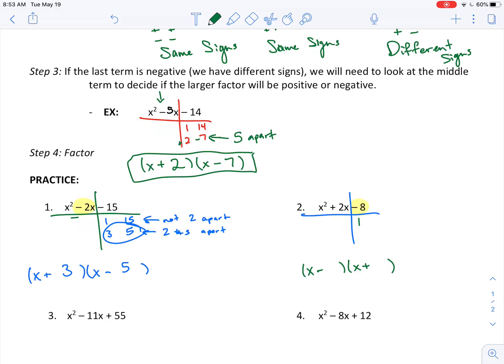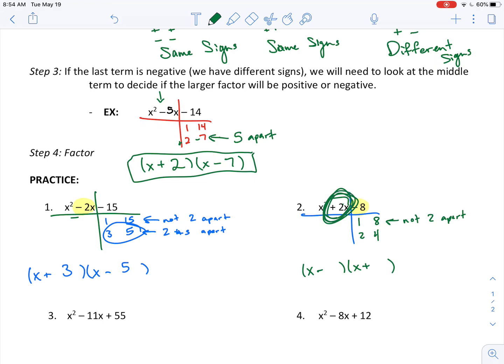So let's do 1 and 8, 2 and 4. Now let's look at our middle term. I want these numbers to be 2 apart. 1 and 8 are not 2 apart. But 2 and 4 are.